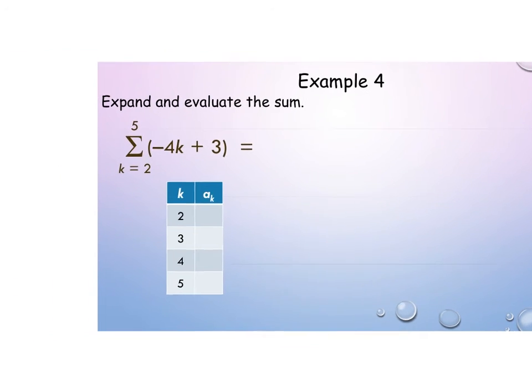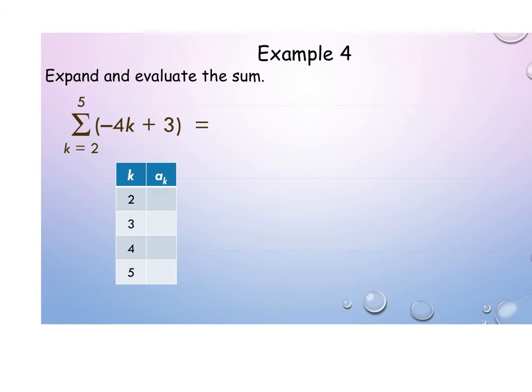Okay, so let's look at this. Expand and evaluate. So k starts at 2. I've laid out 2, 3, 4, 5 because it ends at 5. Right? It starts at 2 and ends at 5. All right, so if k is 2, I have minus 4 times 2 plus 3. Minus 8 plus 3 is negative 5.